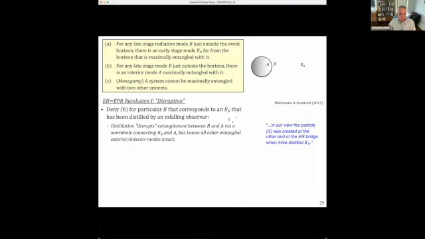According to this version, we deny the second claim for a particular late stage radiation mode B, namely that mode B that corresponds to an early stage mode RB that has been distilled by an infalling observer.